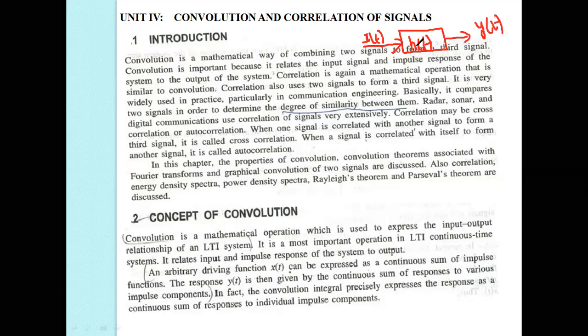It is a combination of the two signals. Convolution is a mathematical way of combining two signals x of t and h of t to form the third signal y of t. Convolution is important because it relates the input signal x of t with the impulse response h of t of the system to the output of the system y of t.